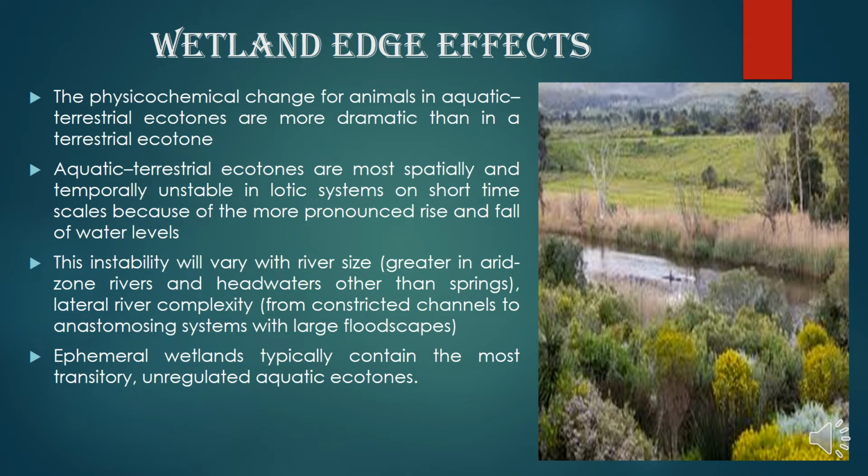Then we have the wetland. Why am I discussing the wetland? Because the terrestrial to terrestrial edge effect has been much discussed, and I have also discussed it in the ecotone video. But the diversity in an ecotone between terrestrial and aquatic is much more, and it also depends upon many factors.